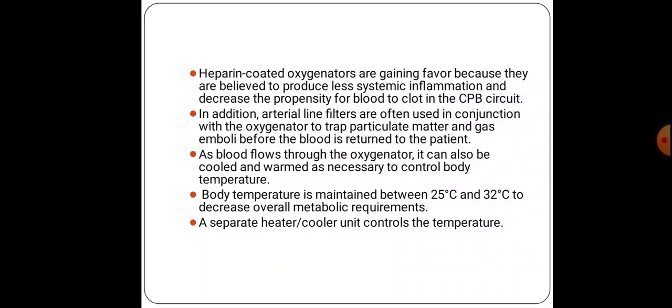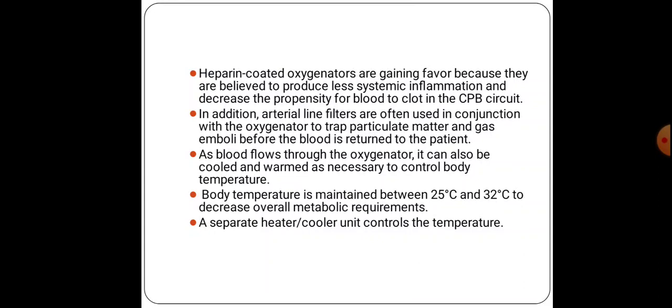We have to monitor for blood clots, because if there is a clot we can't get enough blood, and the blood will not move to the other parts. For that we use heparin-coated oxygenators.